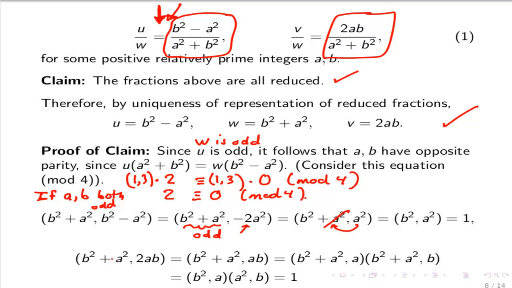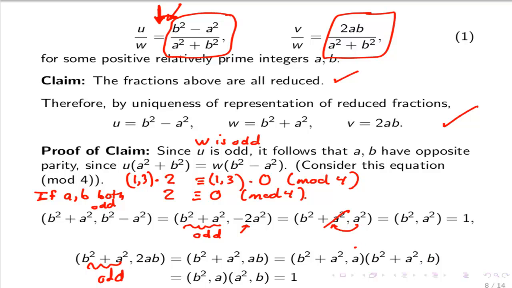Likewise, for the GCD of b squared plus a squared and 2ab, I say, well, that's an odd number, so I can ignore the 2. And then you had a homework problem that said if these are relatively prime, I can break it up as the GCD of the first number with a times the GCD of the first number with b.